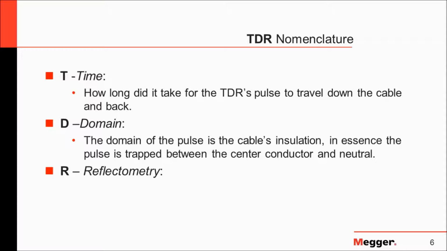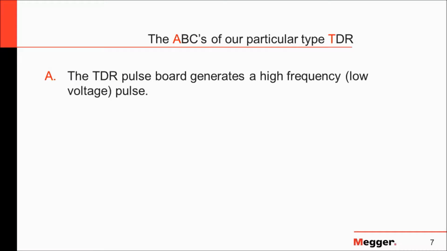In essence, the pulse is trapped between the center conductor and the neutral. We'll get into it later, but these TDRs require two parallel metal conductors, and whatever is between those two parallel metal conductors is the domain. Reflectometer, some of the TDR's outgoing pulse will reflect back from impedance changes between the center conductor and the neutral.